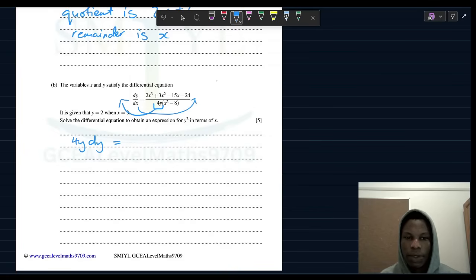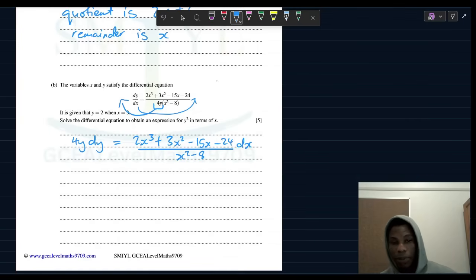So this is equal to 2x cubed plus 3x squared minus 15x minus 24, all over the x squared minus 8 that we have there, and remember the dx that we said has to move this side. Once you've separated everything properly, not breaking any algebraic rules, we want to integrate both sides.